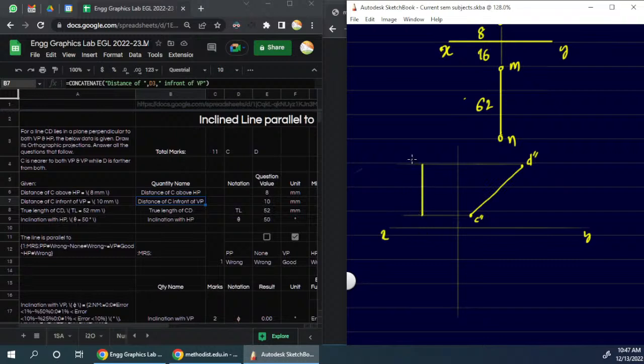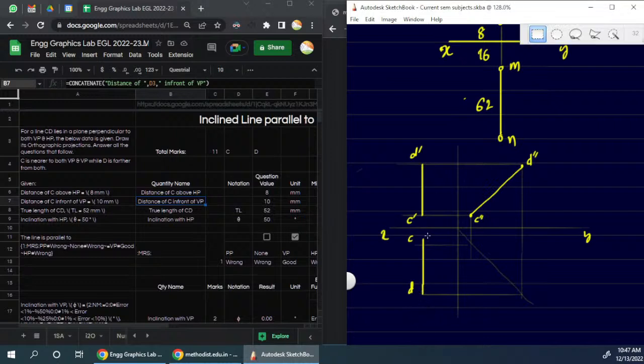This is going to be the front view, T dash, C dash. And here we will have the point C and D. This is of course going to be coming over from here. 45 degrees and the top view over here. It's going to be like this.